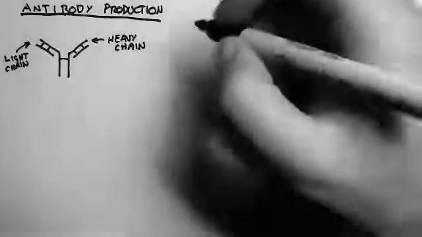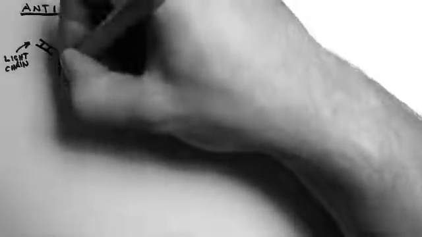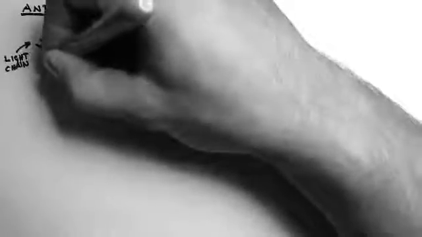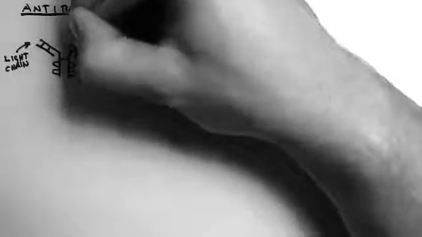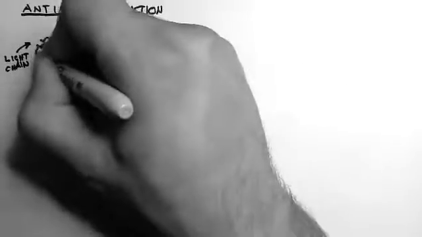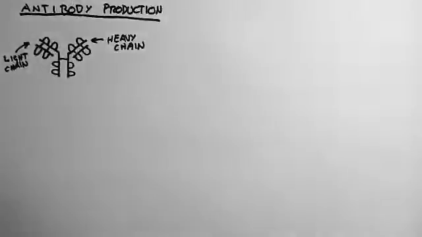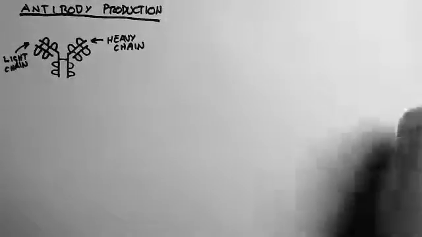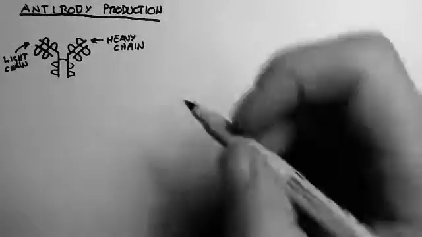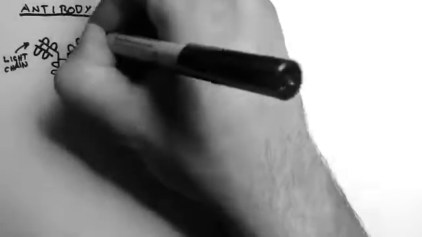Now there are some regions that are very important on the heavy chain and the light chain. These regions are what define the style of antibody. Now the most important regions are on the end, which I've shaded in here.